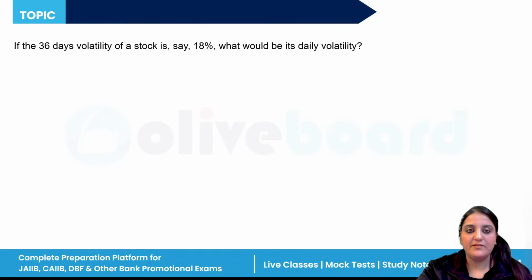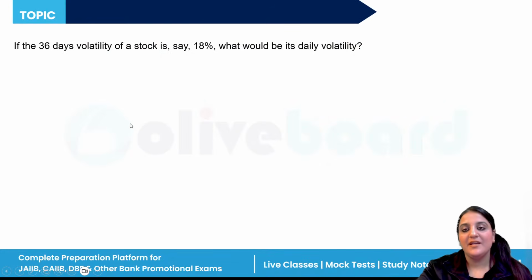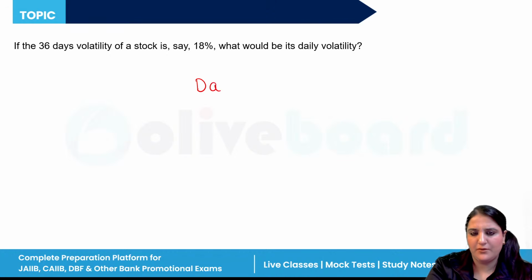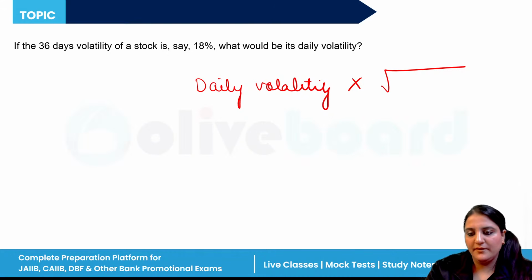If the 36 days volatility of a stock is say 18%, what would be its daily volatility? The simple formula is that the 36 days volatility equals daily volatility multiplied by the square root of 36.